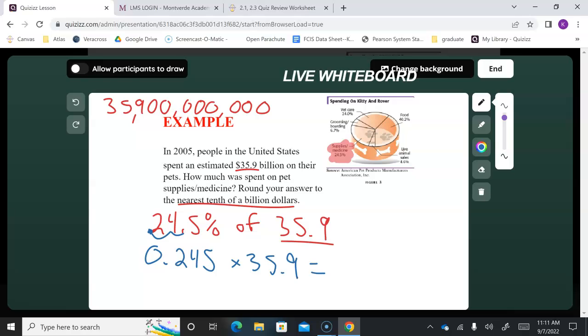How many billions of dollars are spent on supplies and medicine? It gives you 8.79. So then you round up to $8.8 billion. 8.79 rounds to $8.8 billion.